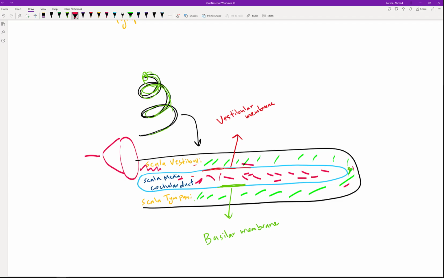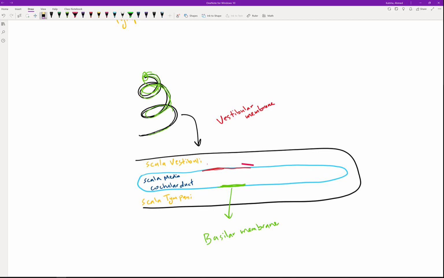Okay, and we will come back to those vibrations, but just to let you understand, at least for now, that we have a fluid. Those are not empty spaces. No, they are filled with the fluid. Okay, so I'll delete all of this because there are other details that we still need to see before we try to understand what's going on within the scala media.